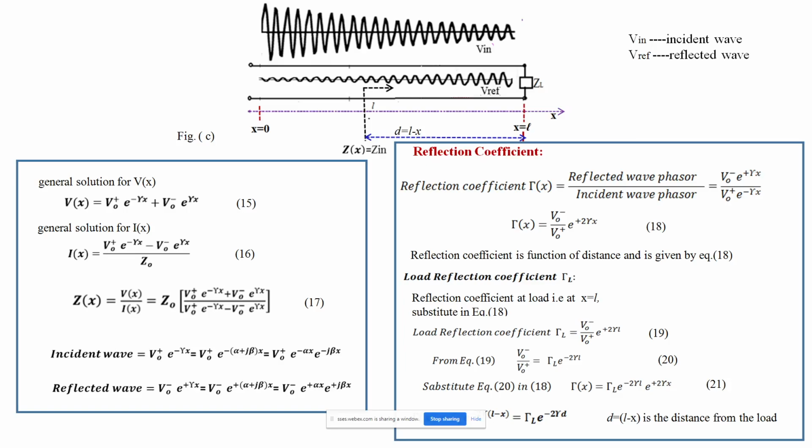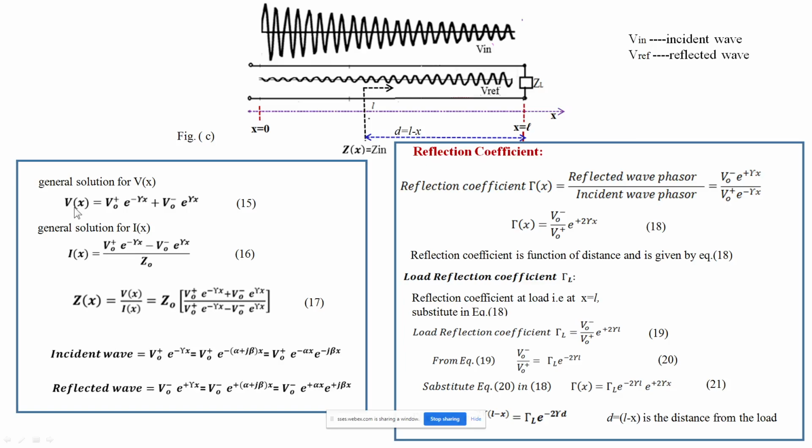Yes, ma'am. Okay. See, now in the previous class, we were discussing about that reflection coefficient. Reflection coefficient is defined as the ratio of reflected wave phasor to the incident wave phasor. So this reflected wave phasor means, in the wave, what the expression for voltage V of x we got in the previous class.